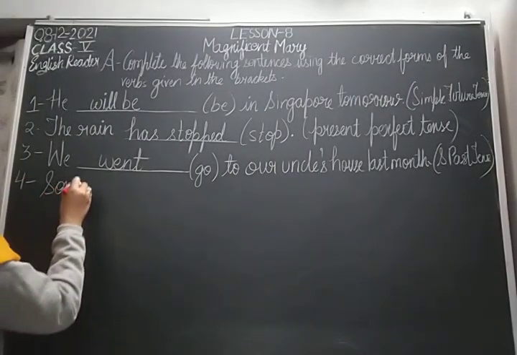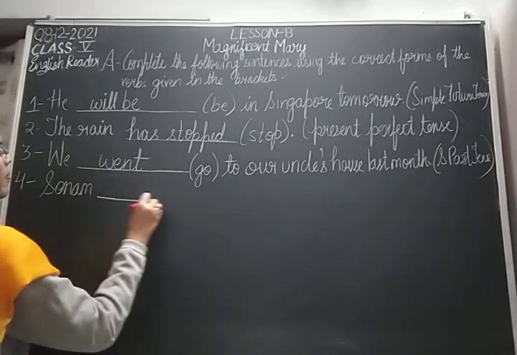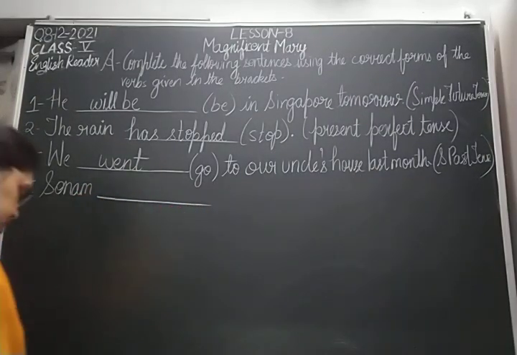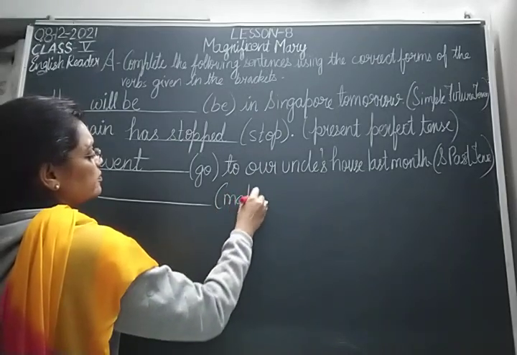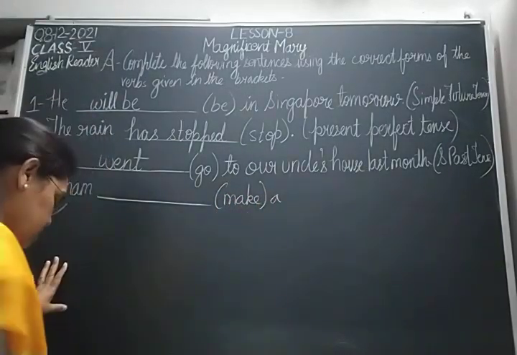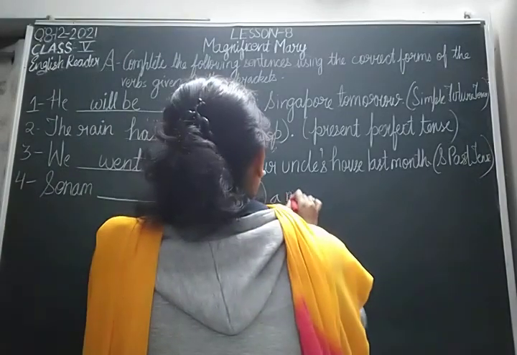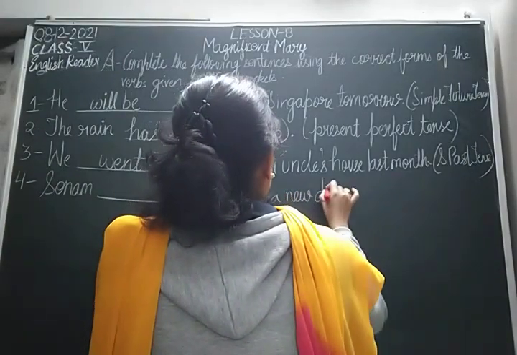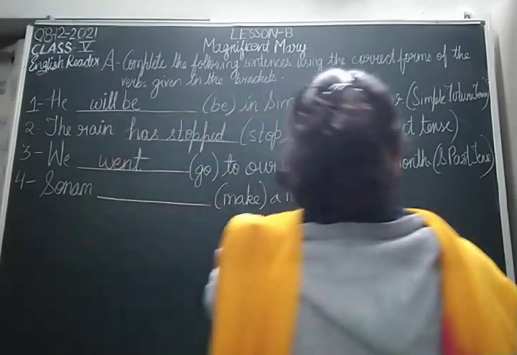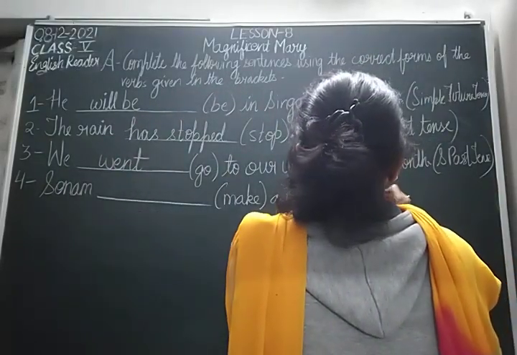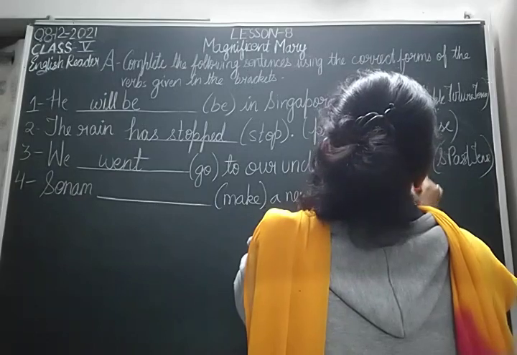Then the fourth sentence, Sonam dash make a new dish. And we need to write this in present continuous.